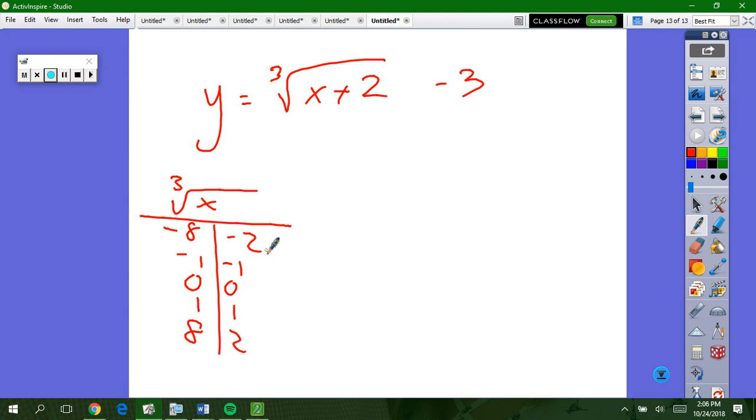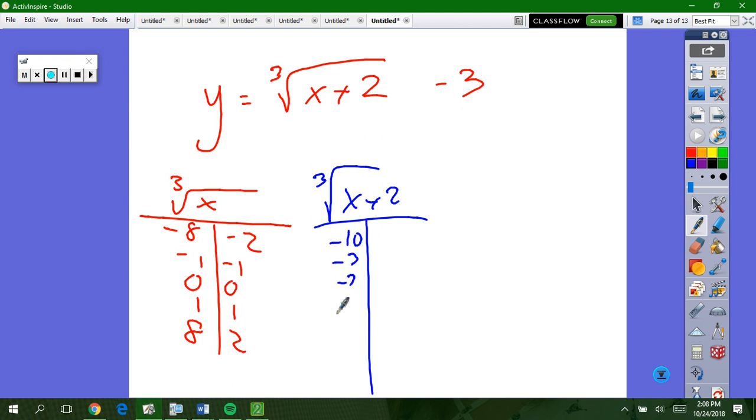Okay? So just the same thing. What is this plus 2 going to do to us? Is it our x values or our y values? Our x values, huh? So therefore, we're going to go to the left or the right? We're going to go left how many? 2. So that's negative 10, negative 3, negative 2, negative 1, and 6.